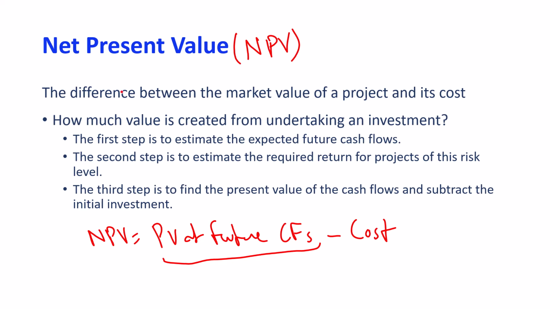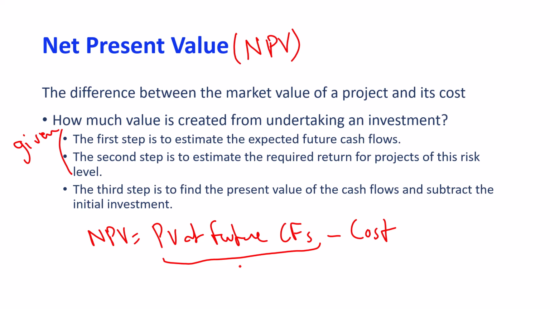Just so you know, in this video we're going to have the first two as given. We're not going to estimate the cash flows or the required rate of return; we're going to do that in later videos. Here, I'm just going to give you the cash flows and the rate of return, and we're going to use those two inputs to find the NPV of the project.